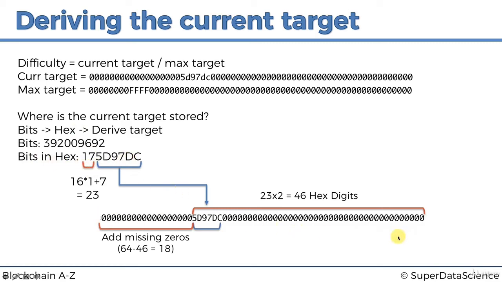Instead of storing this whole number, where every digit is actually 4 bits, which is quite a big number to store, you can just store it as a code. You can encode the length of the number with the first 2 digits, and then encode just the most significant digits. So the length of the number is encoded in bytes, and everything else is derived from there.